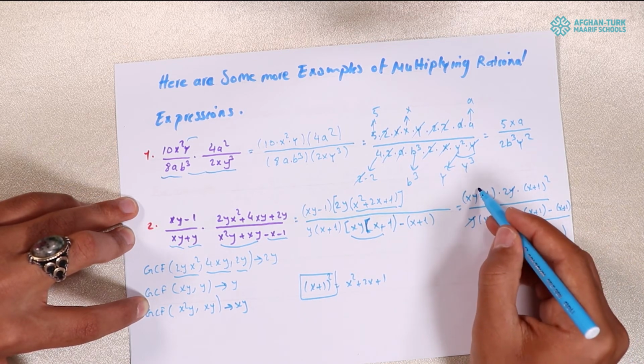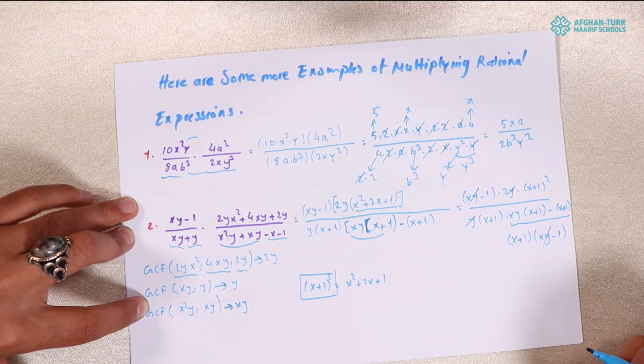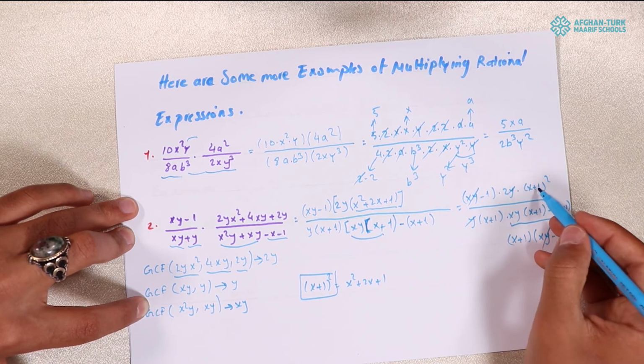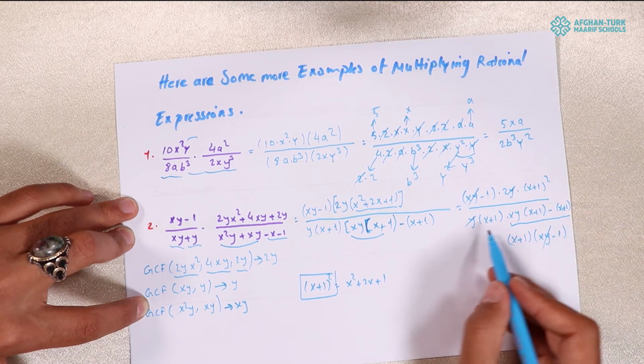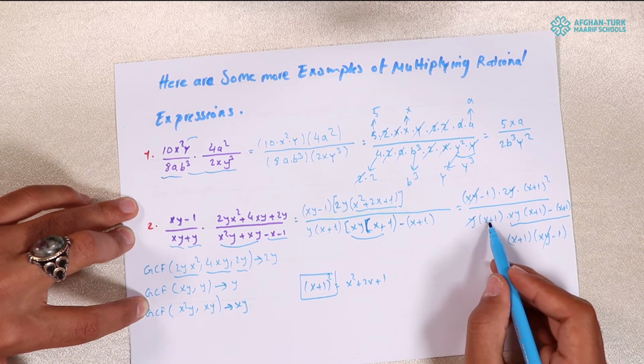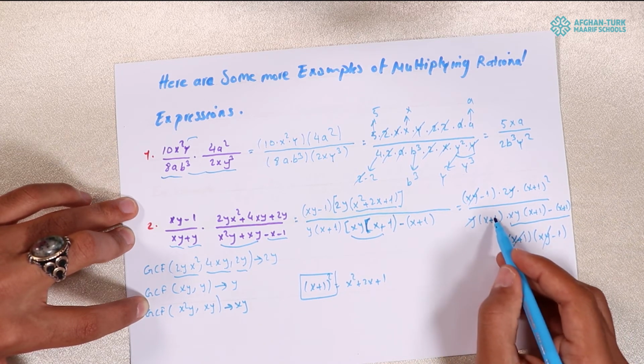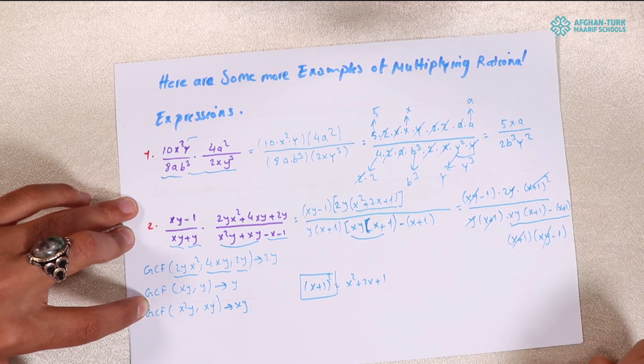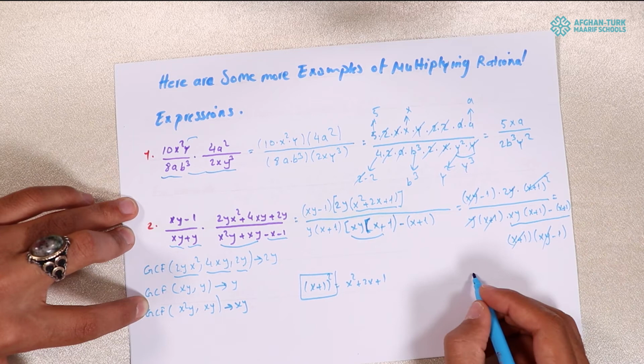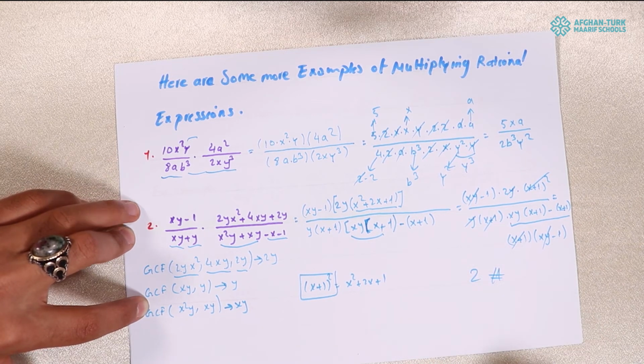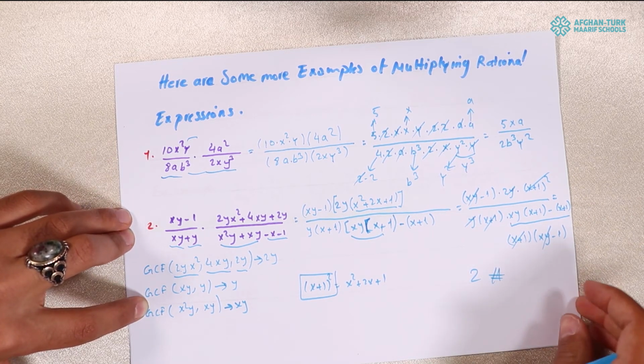So we can cancel xy minus 1 with this xy minus 1. We have 2 times x plus 1 squared, and also in the denominator we have x plus 1 times x plus 1. It means we can cancel them, okay? So the answer will be 2. Did you understand? Okay.